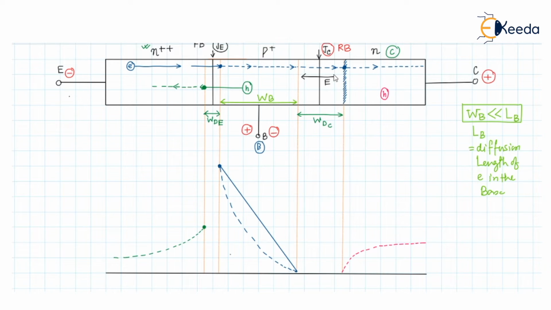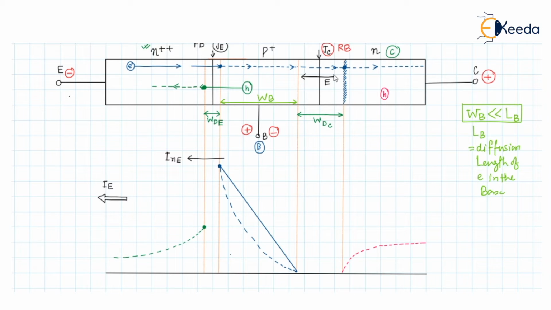There will be a total current IE in this direction, and this IE current consists of parts. One current is due to the electrons flowing from the emitter to the base; let us denote that current as INE.